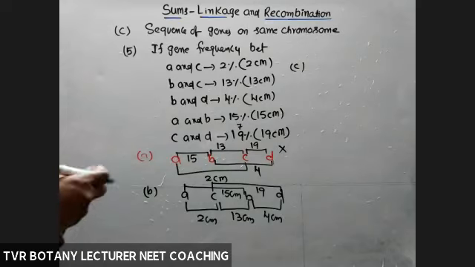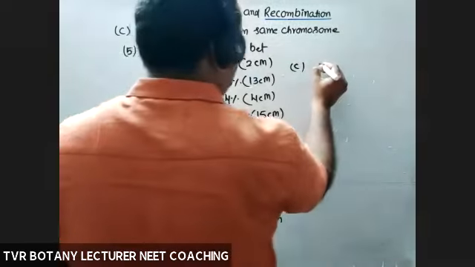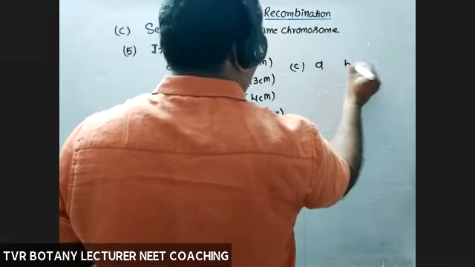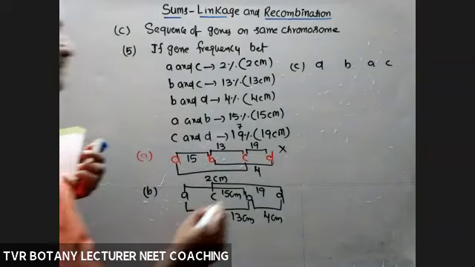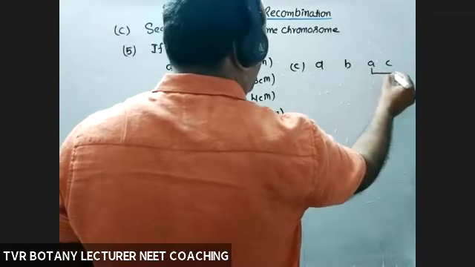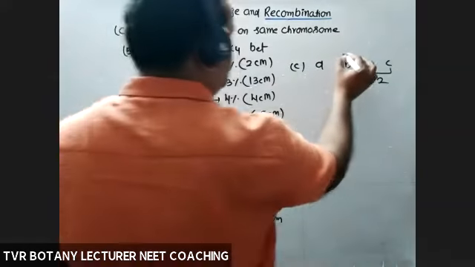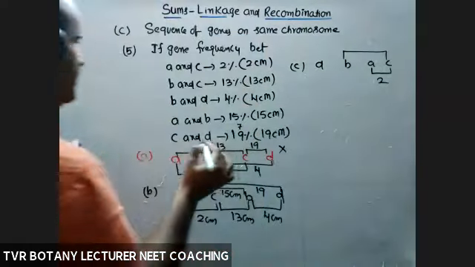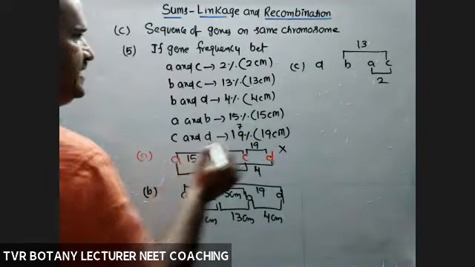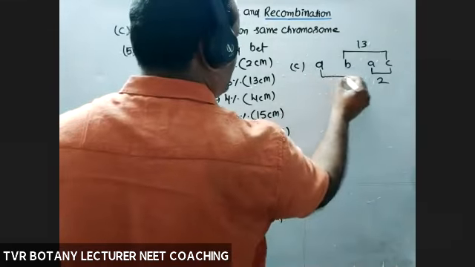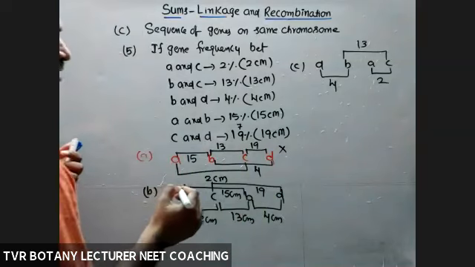Next, third option, DBAC. Now A and C, how much? 2 centimorgan. BC, how much? 13. B and D, 4.